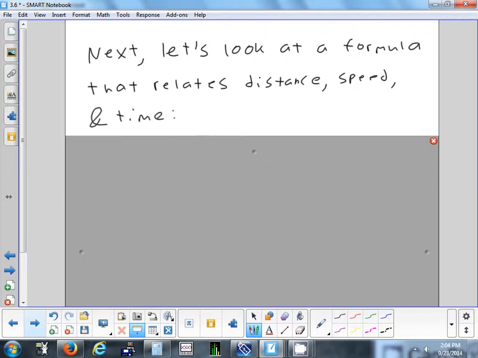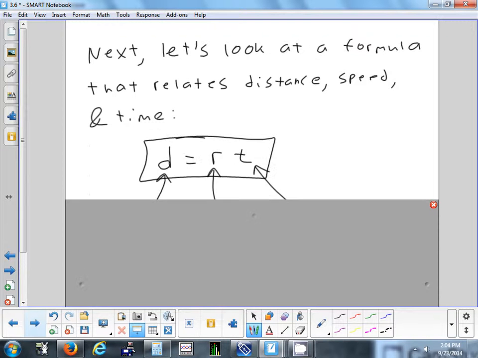Okay, so let's take a look at distance, rate, and time. There's a formula. It's very similar to the other one, except it's distance equals rate times time. We're not talking about profit or the number of tickets we're going to sell.